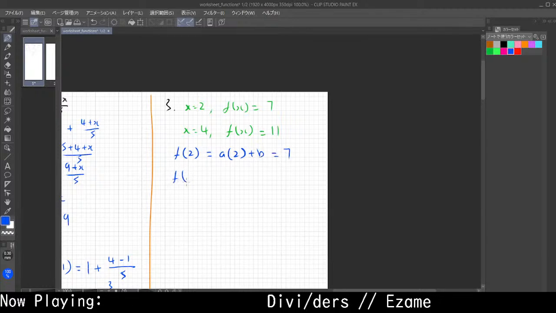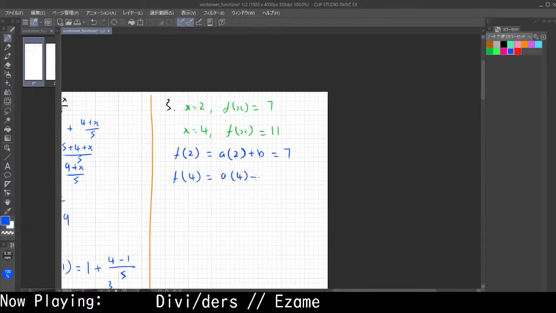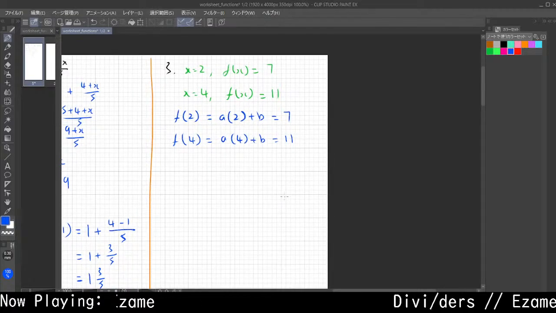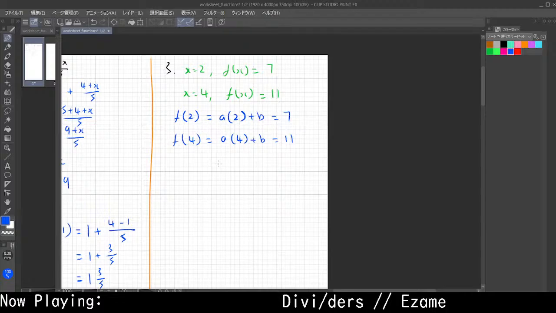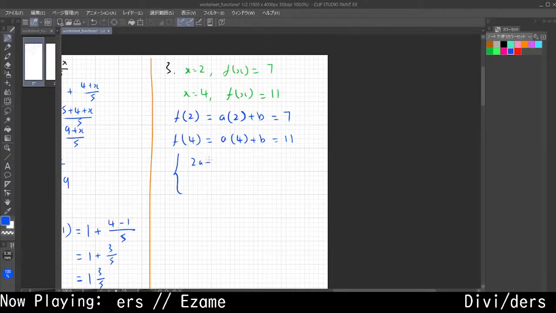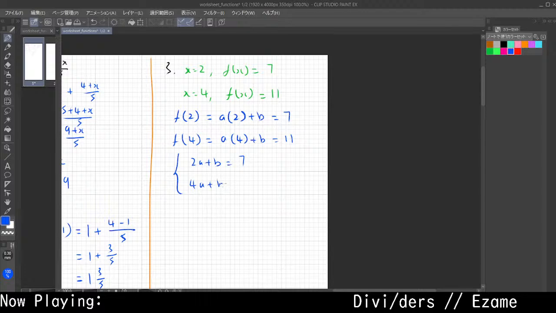When x is equal to 4, f(4) will be equal to a(4) plus b. This will be equal to 11. So I will do simultaneous equations. Writing it out, I get 2a plus b equals 7 and 4a plus b equals 11.